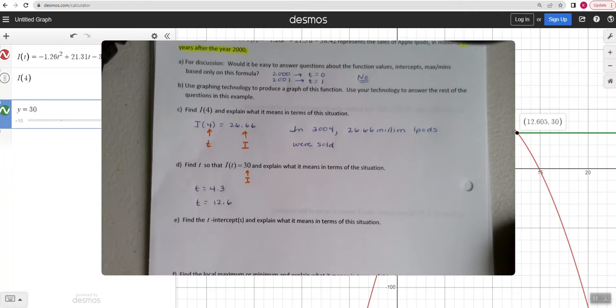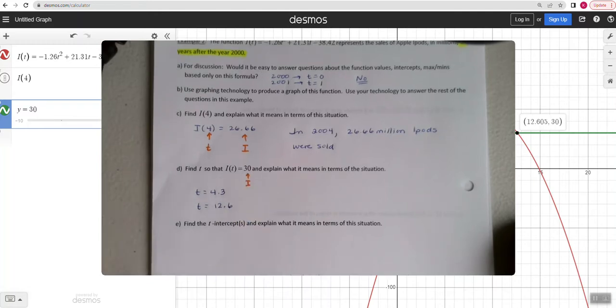Now, what does this mean in terms of the situation? When we're interpreting years, we have a couple of options. This is still at 2004. It's just a little bit further into the year 2004. And so now we're claiming that 30 million iPods were sold. That's going to happen when you have years.